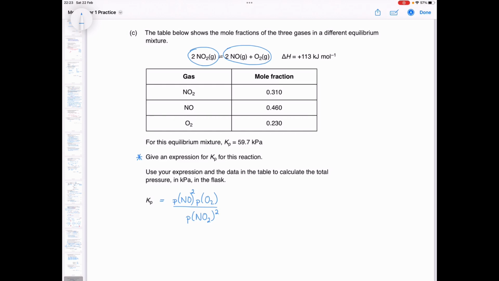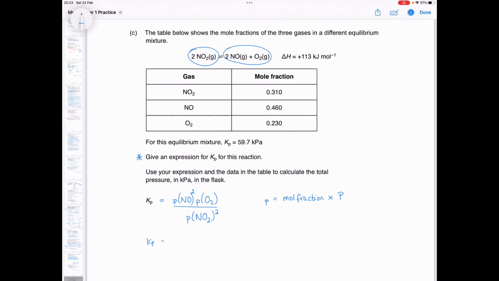Use your expression and the data in the table to calculate the total pressure in kilopascals in the flask. So remember that partial pressure is equal to mole fraction multiplied by total pressure, which I'm going to use a big P for.